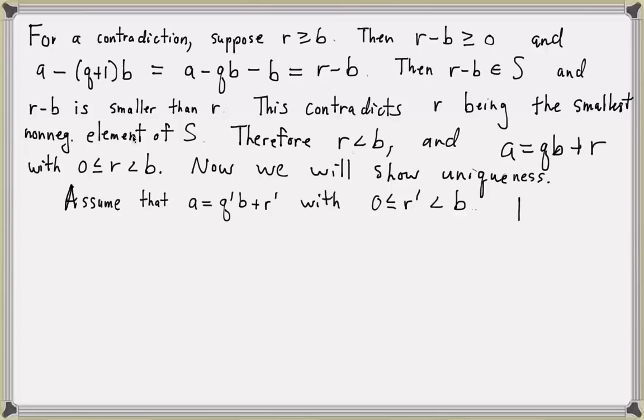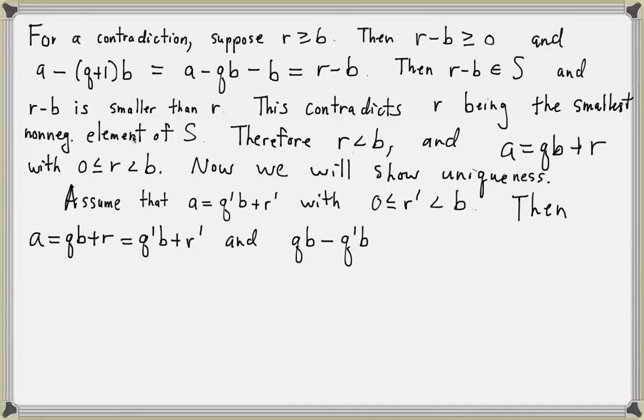Well, then since A is equal to QB plus R, and A also equals Q prime B plus R prime, I can obtain the equation QB minus Q prime B will equal R prime minus R. Now I'm going to factor out a B from both sides of this expression.